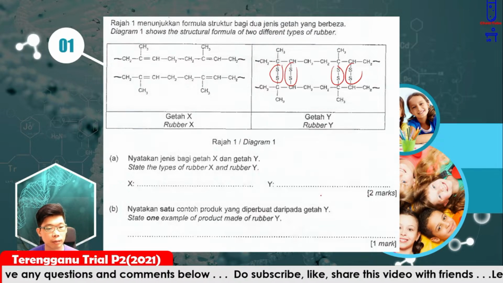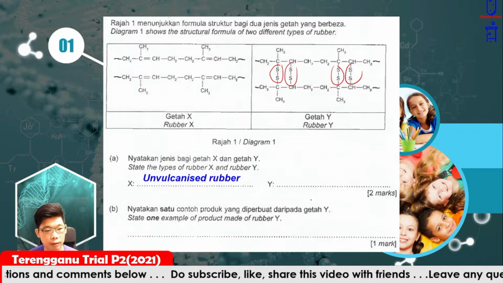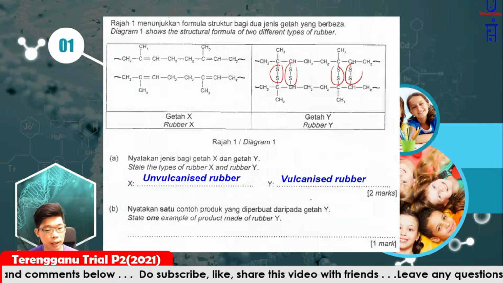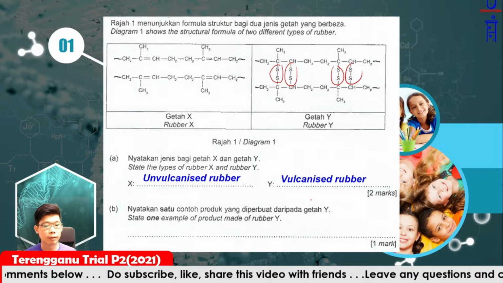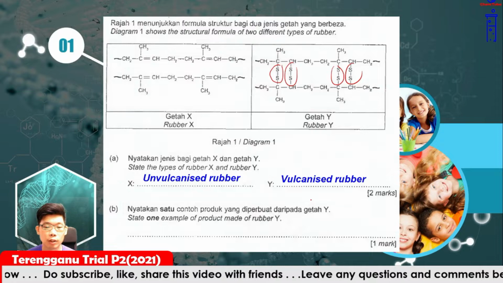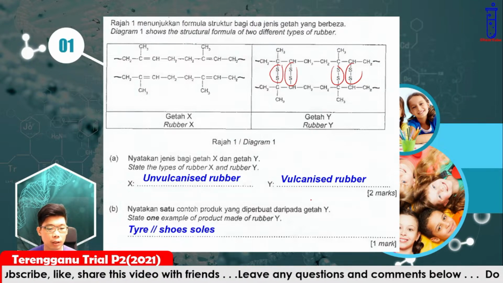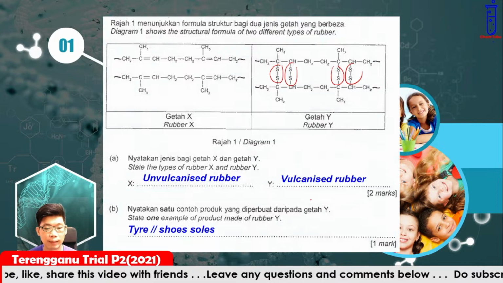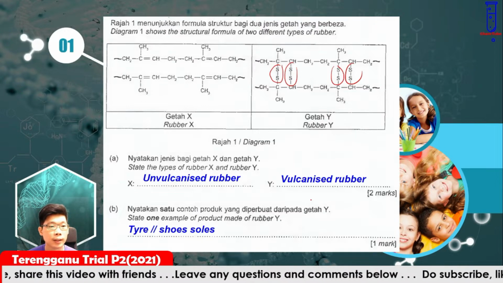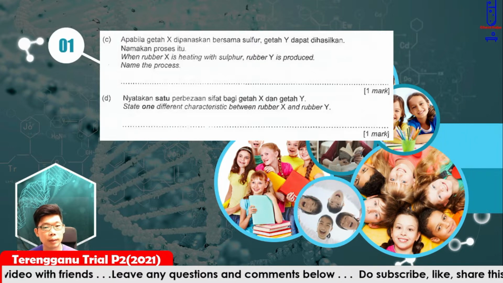State the type of rubber X and Y. X should be unvulcanized rubber, and Y should be vulcanized rubber. State one example of a product made from rubber Y, the vulcanized rubber. There are quite a lot of examples, like tires or shoe soles. You can choose any one. Now, when rubber X is heated with sulfur, rubber Y is produced.